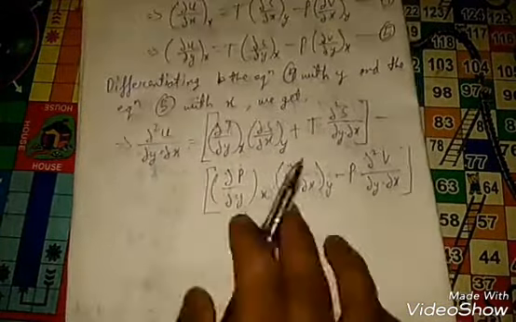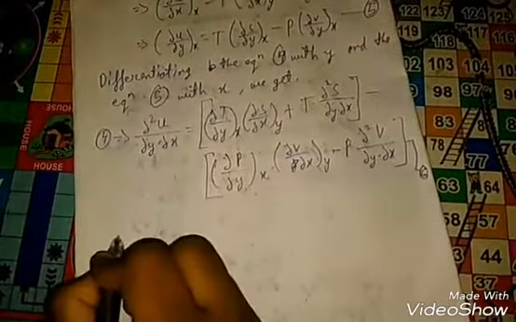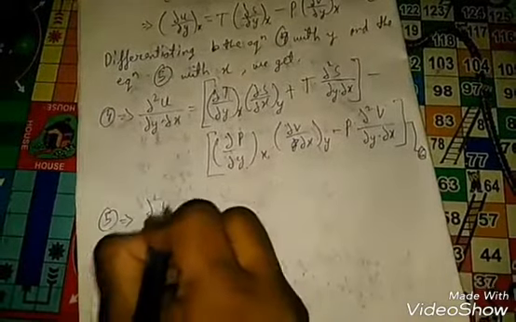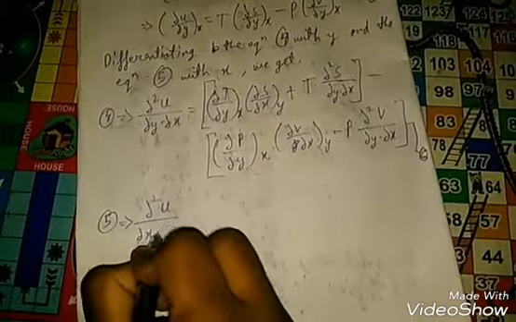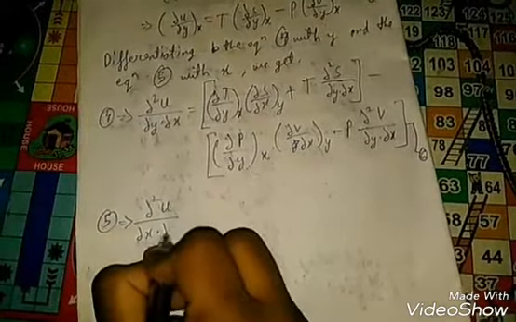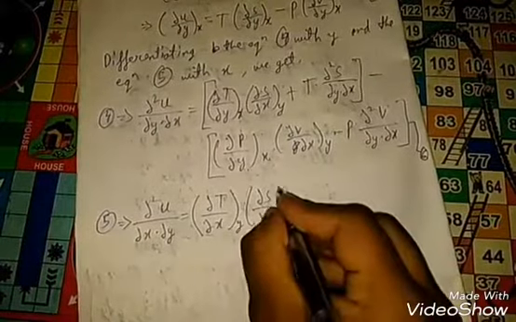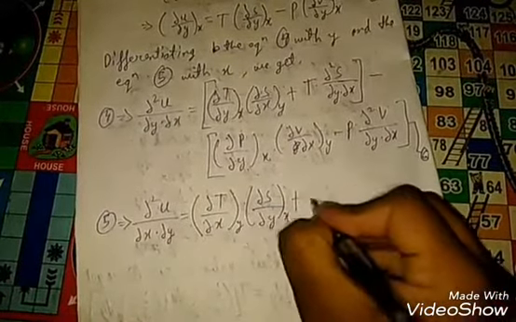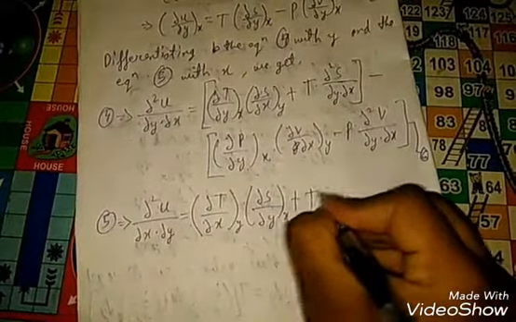Now say we give a name here as equation 6. Now for equation 5, we get del square u by del x del y is equal to del t by del x keeping y constant, del s by del y keeping x constant, plus t del square s by del x into del y.